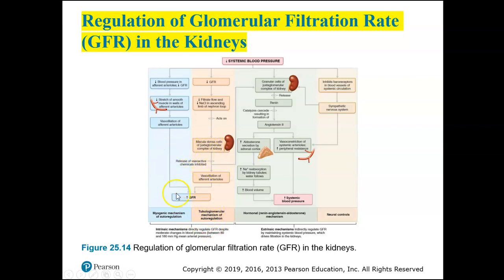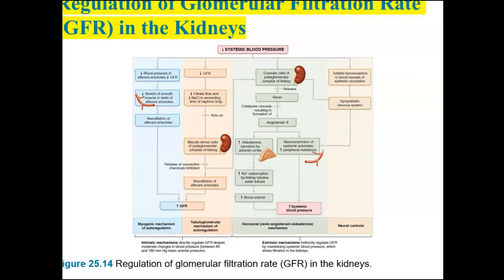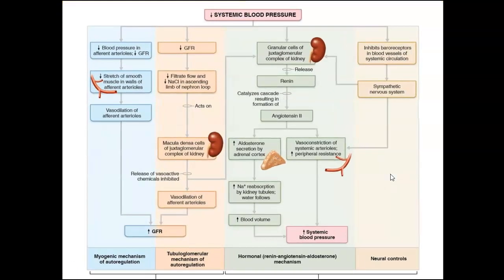So those two we kind of talked about already, but let's look at, and I'm going to blow this up, the renin-angiotensin-aldosterone mechanism for raising blood pressure when it's too low. So the granular cells of the juxtaglomerular complex of the kidney, we saw those earlier, in response to low blood pressure, they release renin. And then that leads to the formation of angiotensin II.